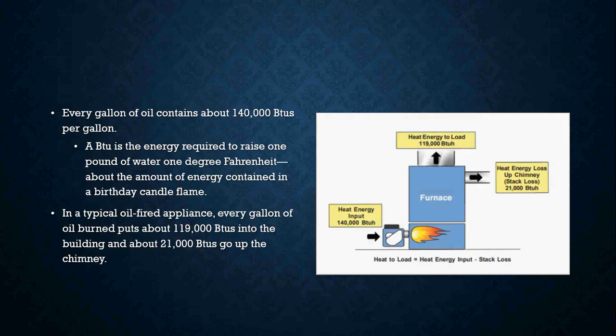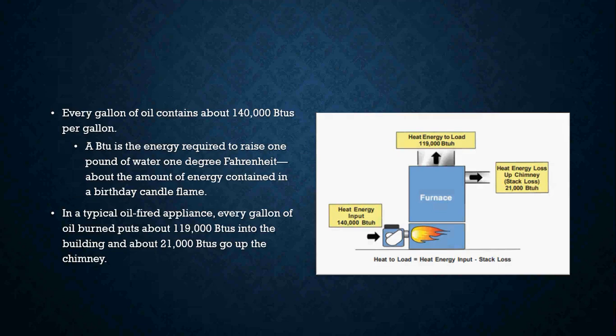Every gallon of oil contains about 140,000 BTUs. For those who don't know what a BTU is, it stands for British Thermal Unit. The definition of a British Thermal Unit is the energy required to raise 1 pound of water 1 degree Fahrenheit.